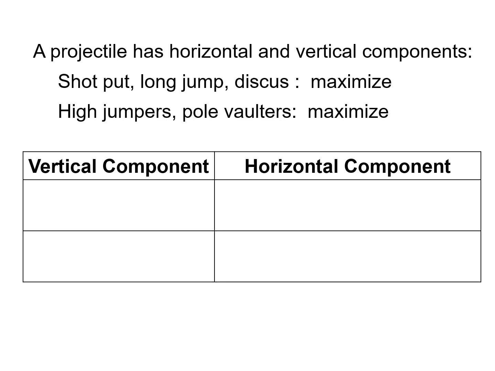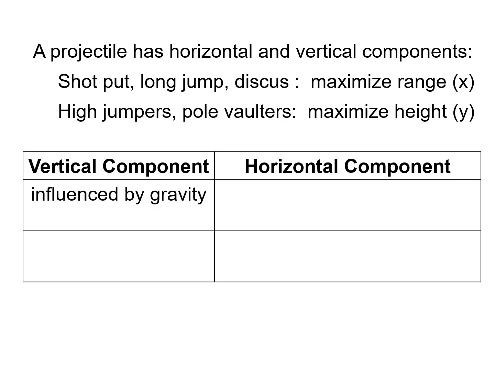When we start looking at shot putting, long jumps, discus, we want to maximize the horizontal component. For high jumpers, pole vaulters, we want to maximize the vertical component, or height and range. So we do have some laws that we use for this. Our vertical component is influenced by gravity. Once again, gravity is 9.81 meters per second squared.